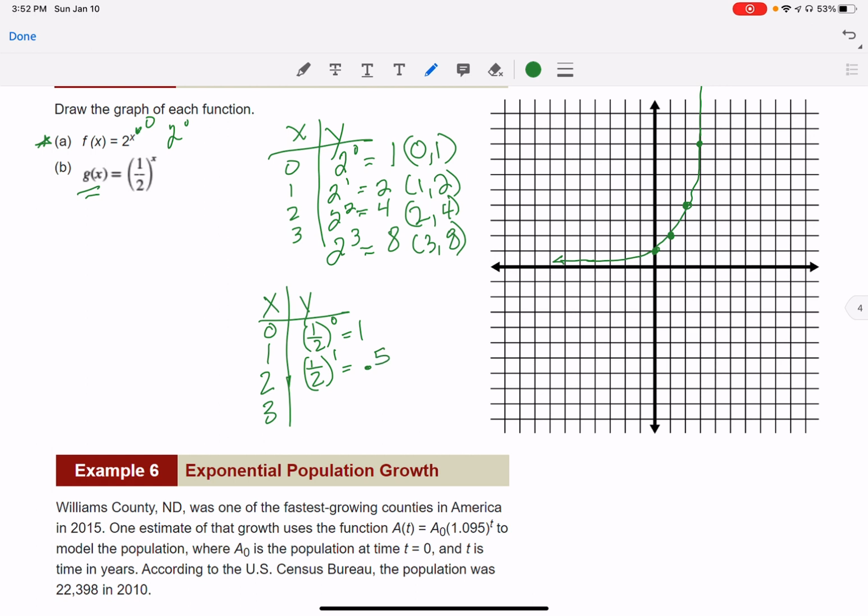I'm going to write it as a decimal. Then I have 1/2 raised to the second power, which is 1/2 times 1/2, which is 1/4, which is 0.25. Then I have 1/2 raised to the third power, which is 1/2 times 1/2 times 1/2, which equals 1/8, 0.125.